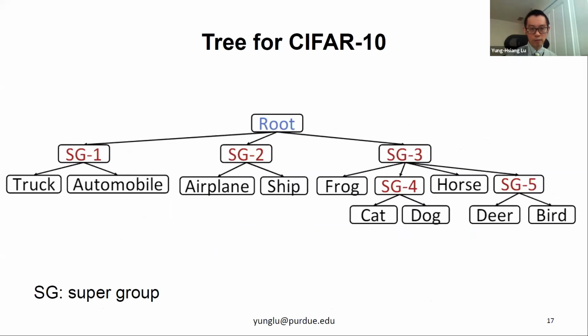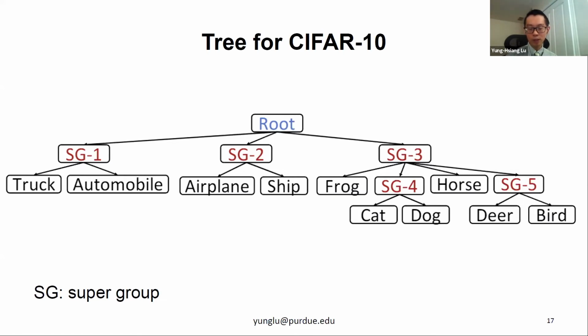This figure shows the tree we built for the CIFAR-10 dataset. As you can see, we do not restrict the number of children for each node. A node can have 2 or 3 or 4 children. The width and height is a trade-off. We don't want it to be too wide. If it's too wide, it means too many children, and that basically goes back to the original big neural network.